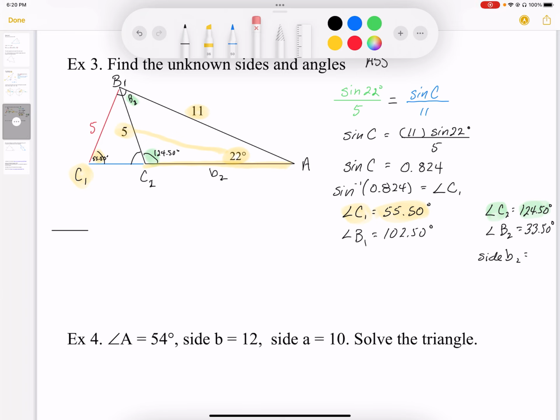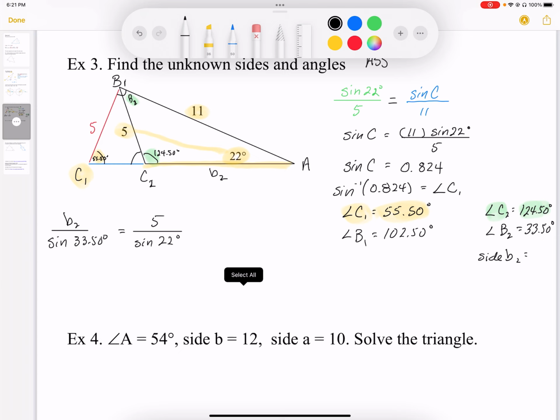Okay, so I'm going to write this as side B2 over the sine of angle B2, which is 33.50 degrees. That's equivalent to a known side. We'll use 5 and sine of 22 degrees.